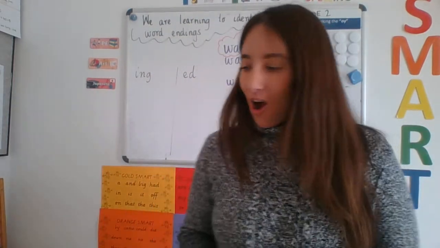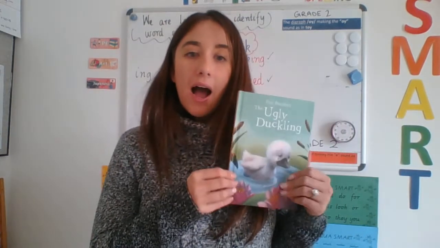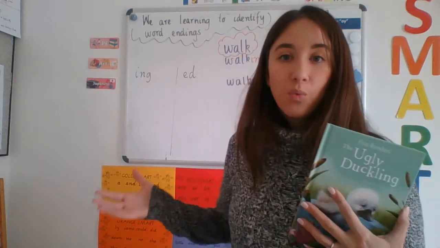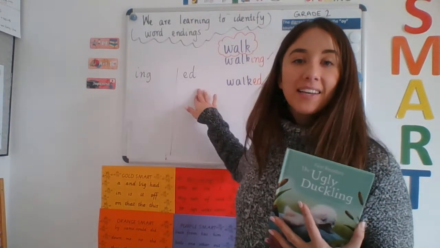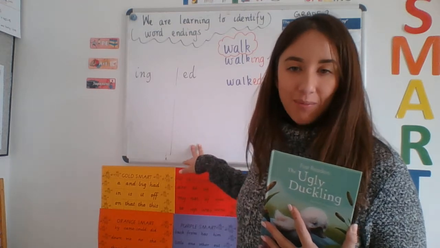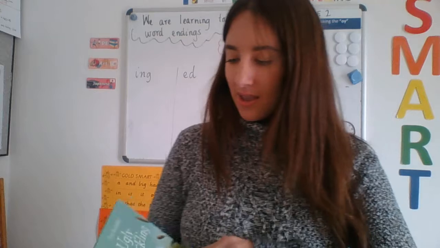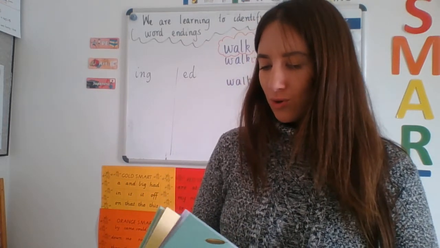Now, I'm going to continue reading The Ugly Duckling today, and while we're reading, we are going to write down the words that have word endings ing and ed. Okay, boys and girls, so ing and ed. Okay, and we need to make sure that while we're reading, we pay really close attention to those word endings.